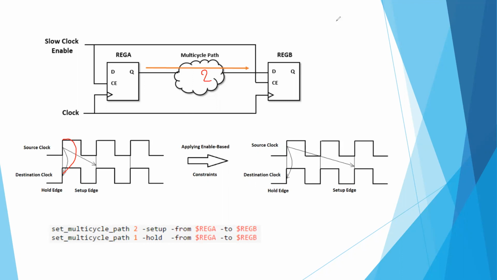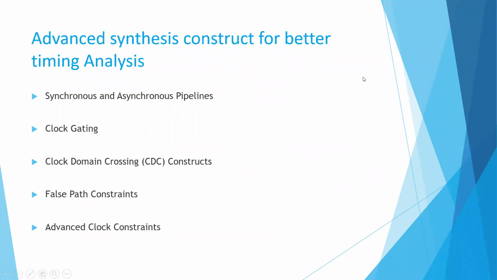So this is about the multi-cycle path. Next is how we can go for a better timing analysis, how we can use advanced synthesis constructs for better timing analysis. Advanced synthesis constructs are those constructs which are synthesizable.